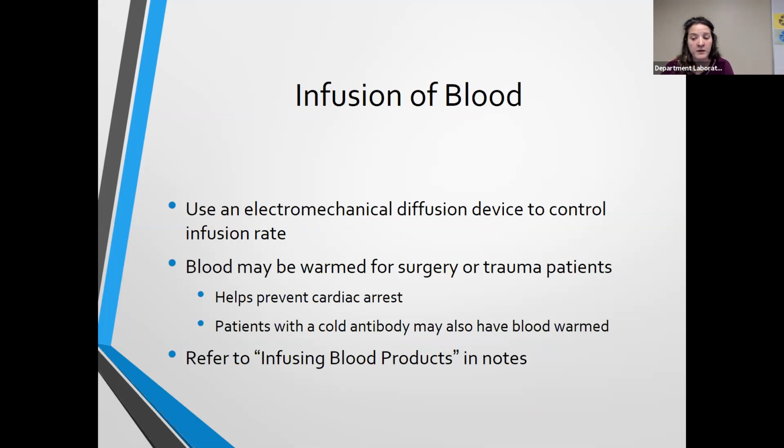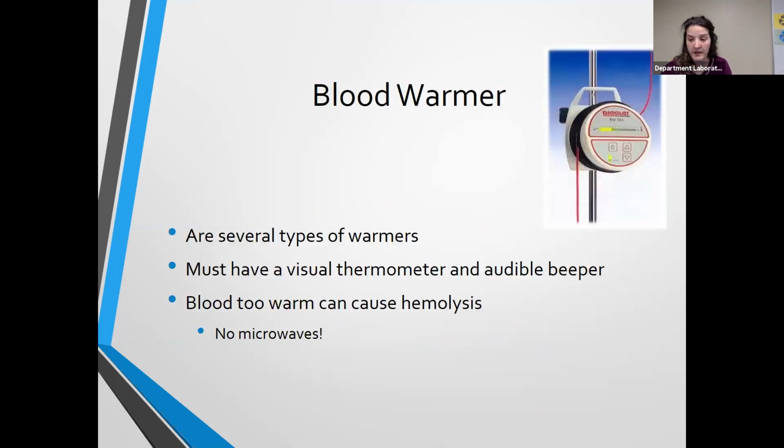And then if you do need a blood warmer, it would look something like this. The tubing will go through it and the blood is warmed as it passes through the tubing. All right, so that's what your blood warmer will look like. If you guys are ever in the OR, maybe you're doing cell saver, or you're in the ER and they're rapidly transfusing your patient, they might have the little warming packs and they wrap around the unit.